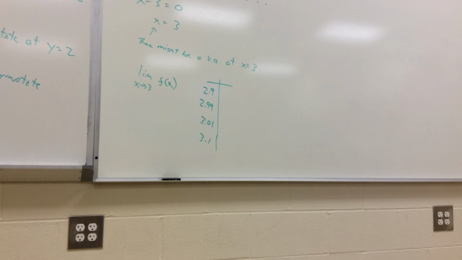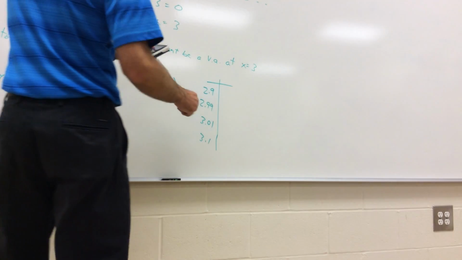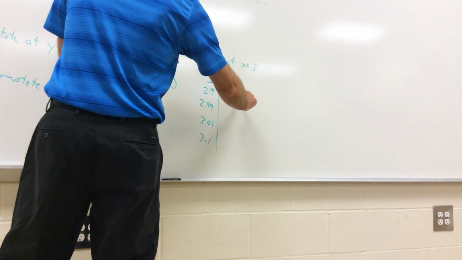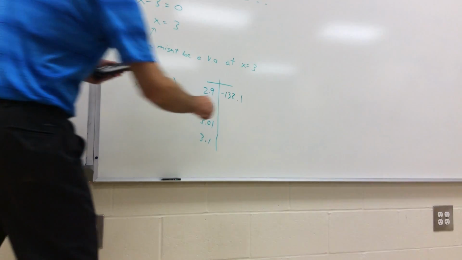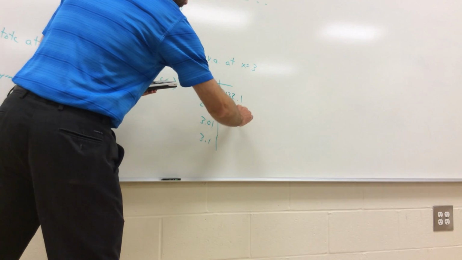Pretty close. Okay, so anyway, 2.9 is negative 132.1. Is that what you got? Okay, 2.99. Jack, what do you got? Negative 1,392. Good.